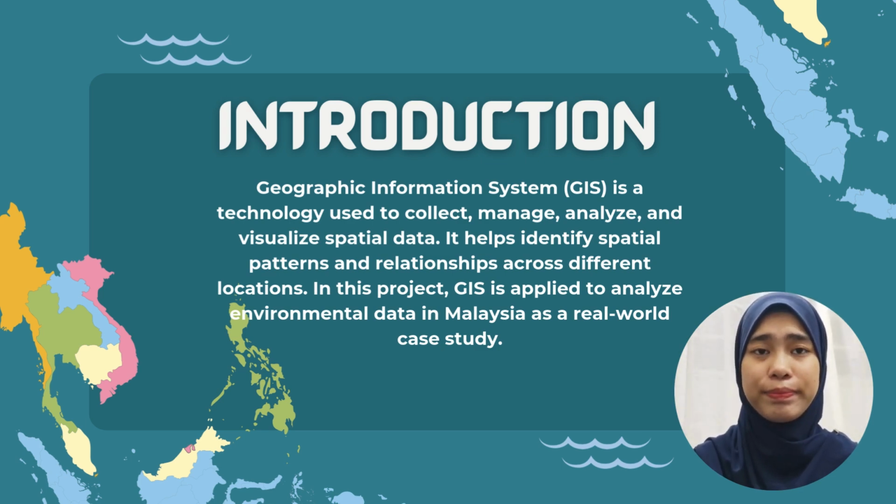In this study, GIS is applied to timber production data in Malaysia as a real-world case study, covering the duration from 2009 to 2070. This allows us to compare production trends over time.